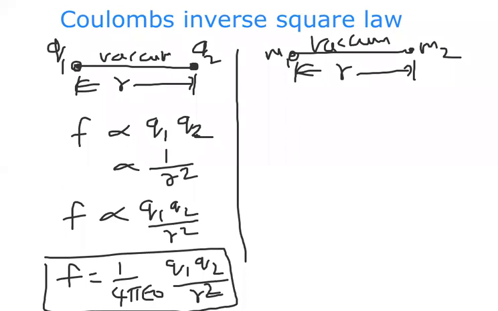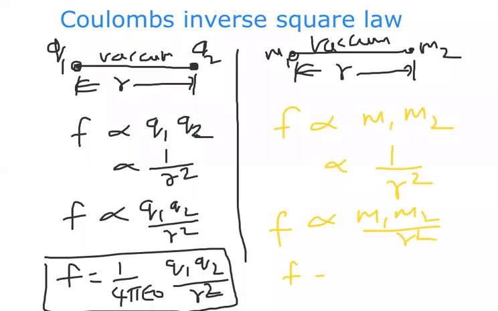Again the force between these two is directly proportional to the product of pole strengths and inversely proportional to the square of the distance between them. I can combine these and write F is equal to mu naught by 4 pi m1 m2 by r square.